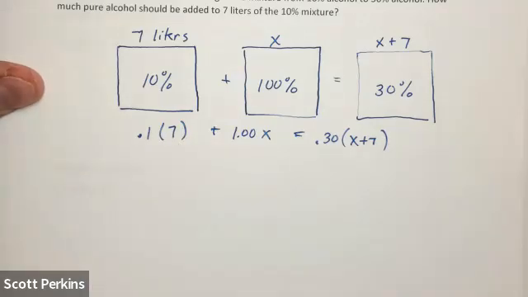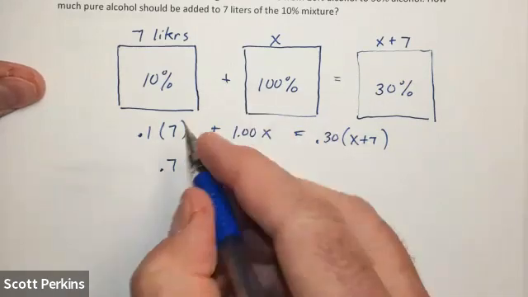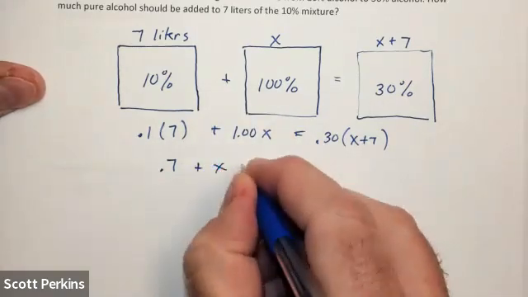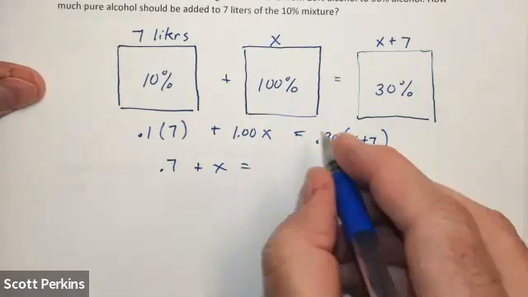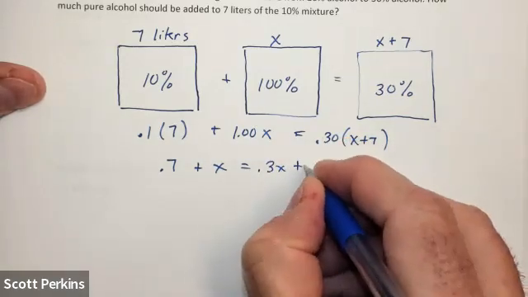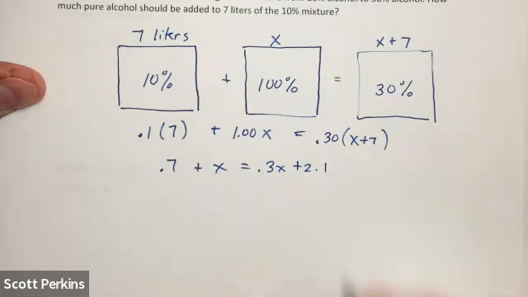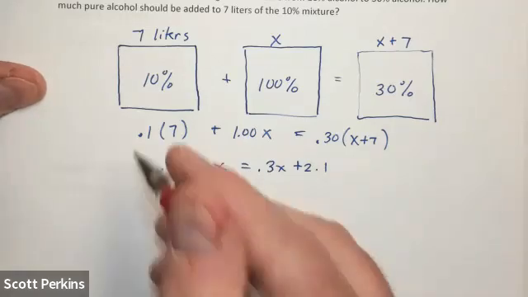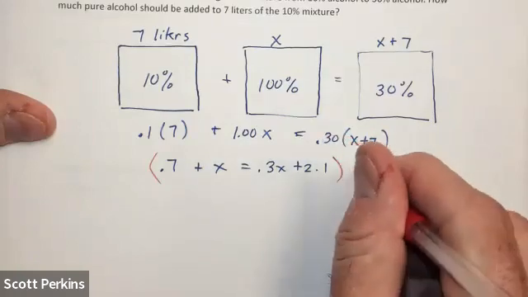So the rest of this, again, I don't think this is the challenging part. That's difficult right there, to set that up and get that going. Okay. So 0.3 times X is 0.3X, 0.3 times 7 is 2.1. I'm going to get all my X's on the left, or you know what, I might as well just go ahead and do the decimal thing since I seem to have a lot of decimals going on here.